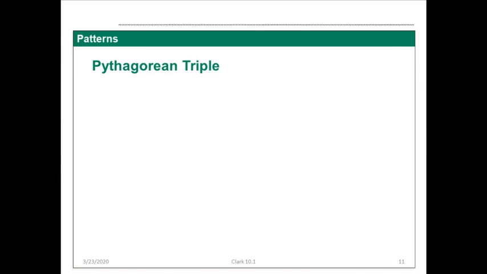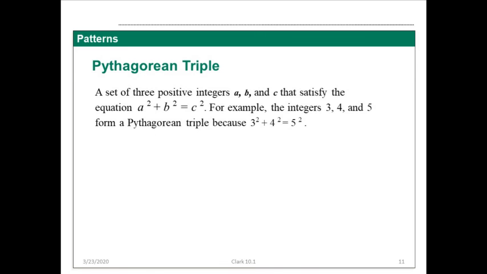The Pythagorean triple. A set of three positive integers a, b, and c that satisfy the equation a squared plus b squared equals c squared. Let's say, for example, the integers 3, 4, and 5 form a Pythagorean triple because the square of 3 plus the square of 4 is equal to 5 squared.